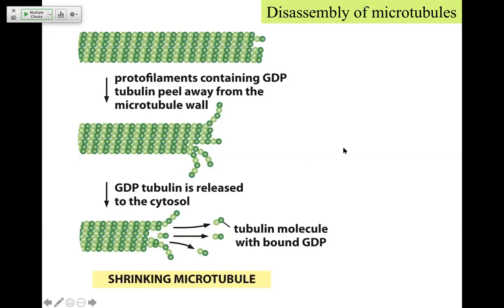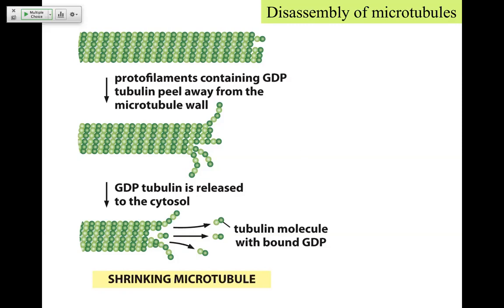And this happens all the time to microtubules. Most microtubules are constantly growing and shrinking, growing and shrinking, as what we call having a high degree of dynamics. Microtubule dynamics, they're constantly changing their size. Now, they may be interacting with other proteins at this end that may prevent the disassembly of microtubules.